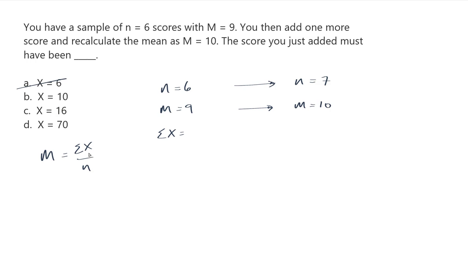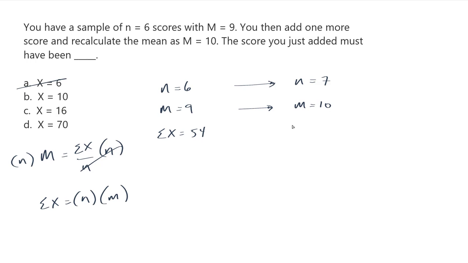If I rearrange this equation, it becomes multiply both sides by n. These cancel, and I'm left with the sum of x equals n times m. So n, which is 6, times m, which is 9, gives me a total of 54. That is my sum of x.